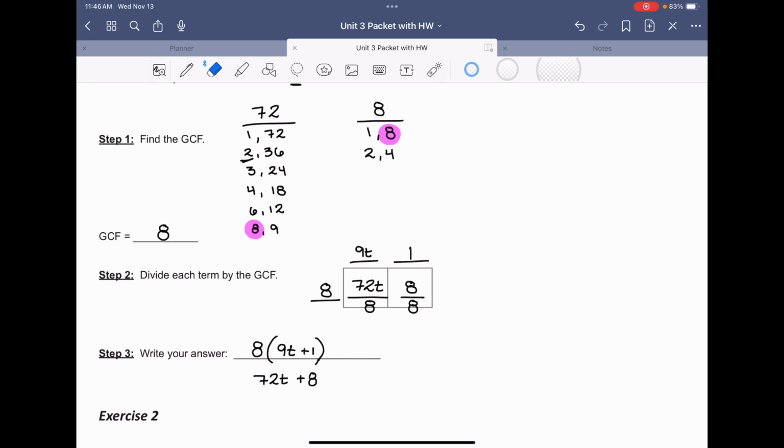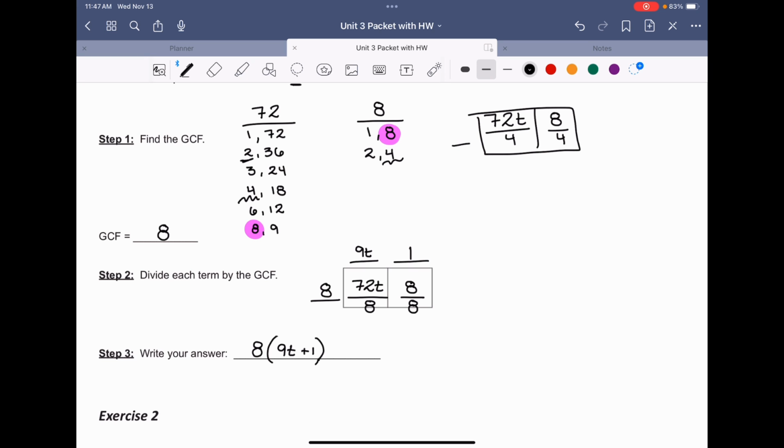If for some reason you don't use the greatest common factor, that's okay, because I'm going to show you. So instead of using 8, let's say we used 4. So I'm going to divide out 4 from my terms. Here's my setup. So I'm dividing out 4. I have 18t plus 2.